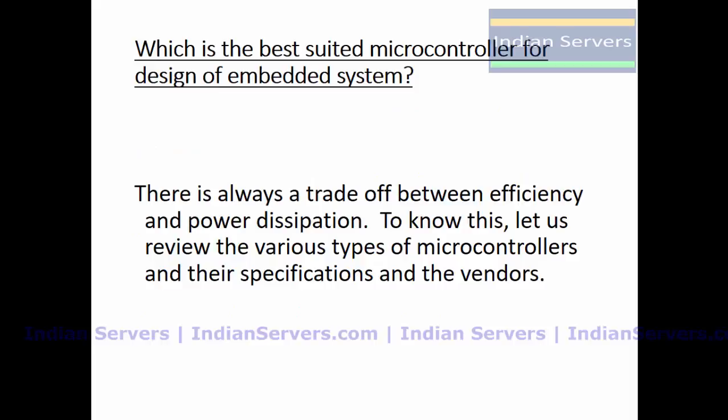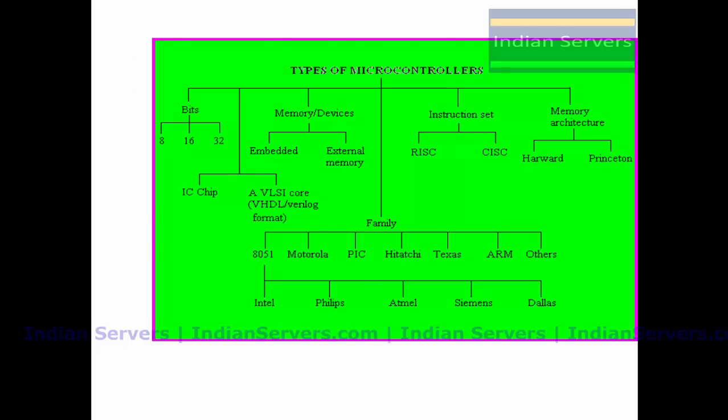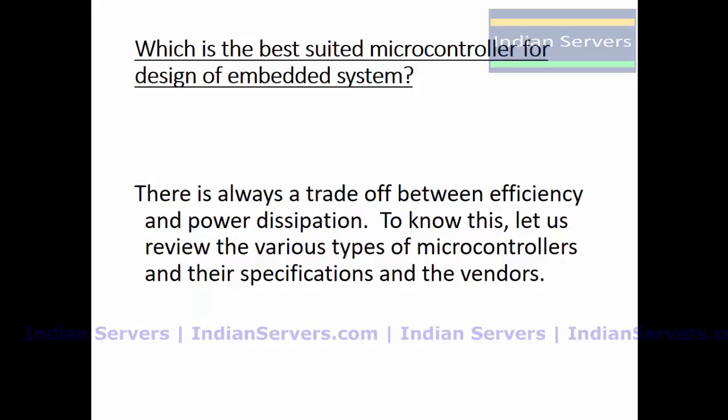Now we are going to design a small embedded system which will monitor the temperature and finally display it on a display. For that purpose, we have to select a particular microcontroller. I have already told you that there are different types of microcontrollers available.